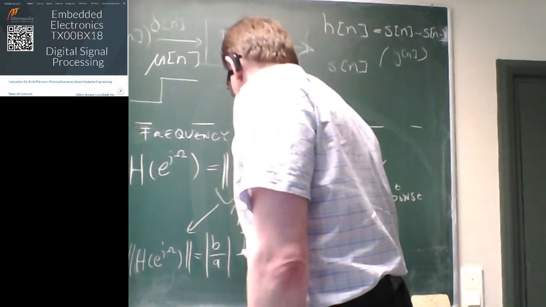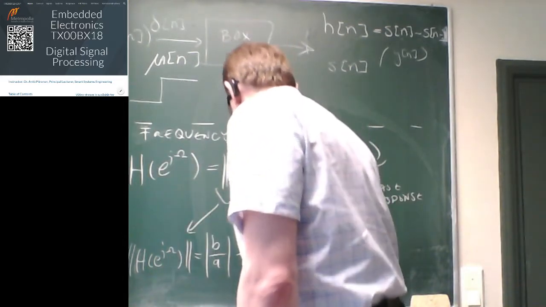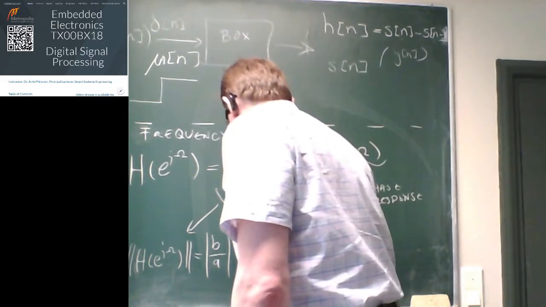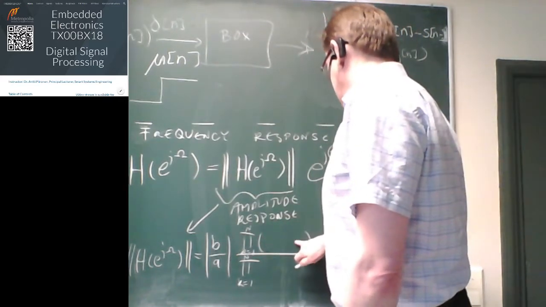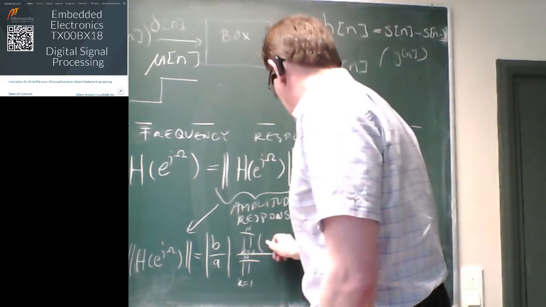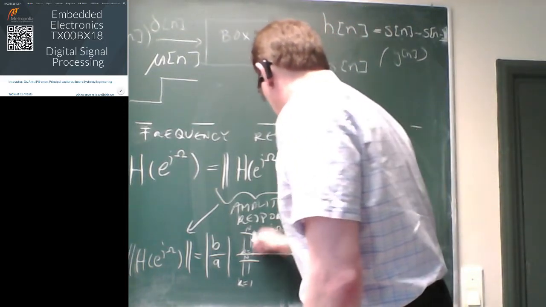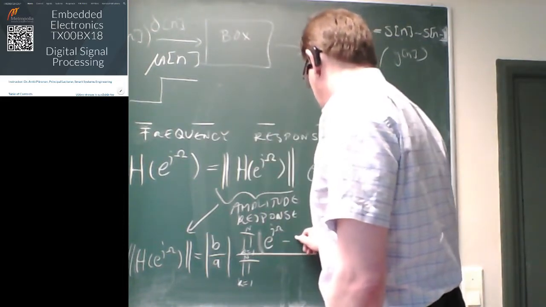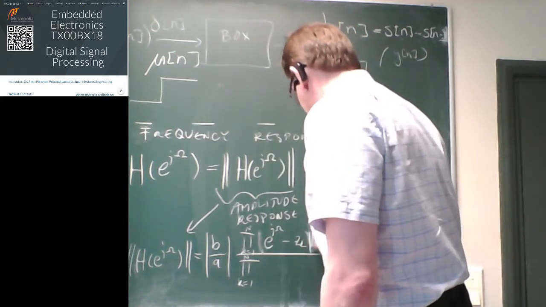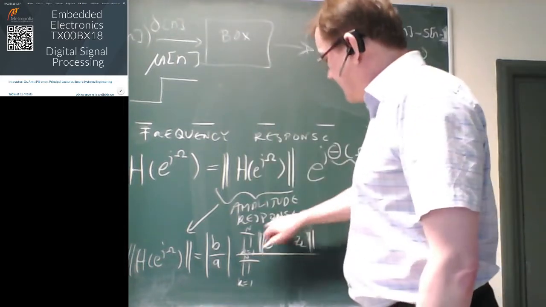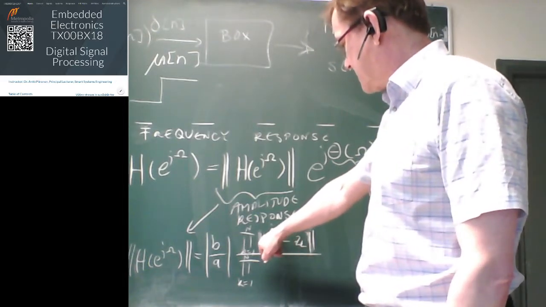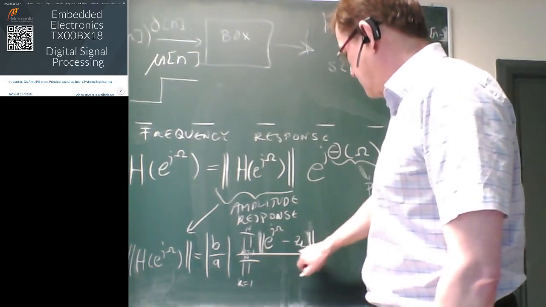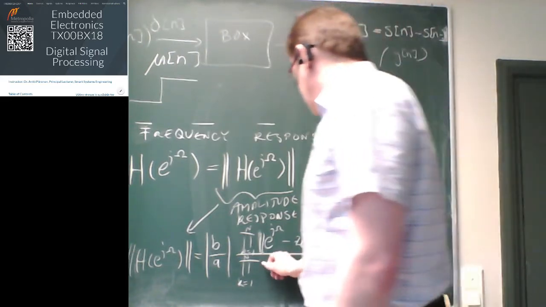We have the product from k equals 1 to N, also downstairs. Here we have z minus z_k, meaning z minus the zero positions, and here we have e to the j omega minus z_k. And this is the distance between a point on the unit circle and the zero location.